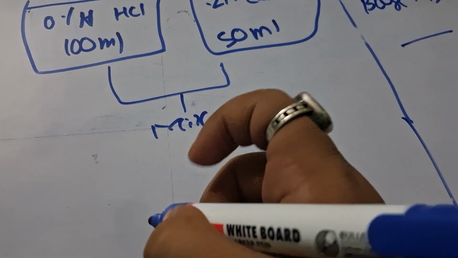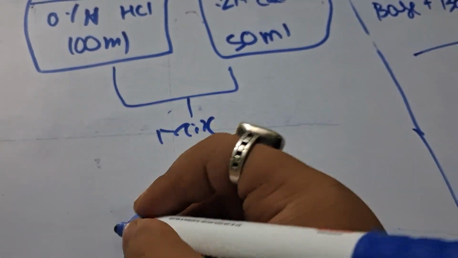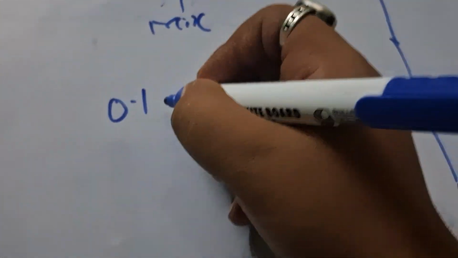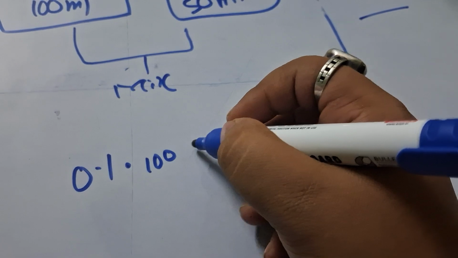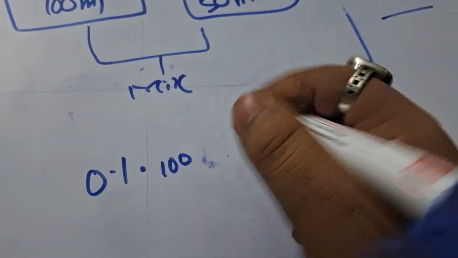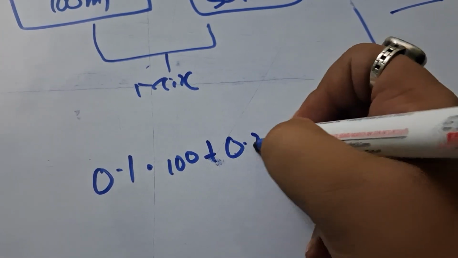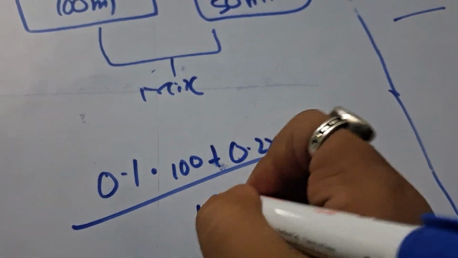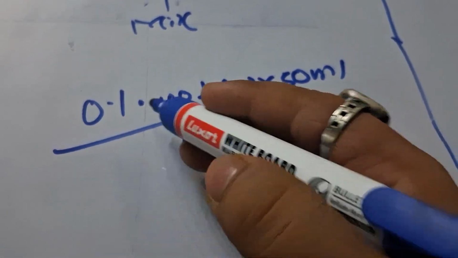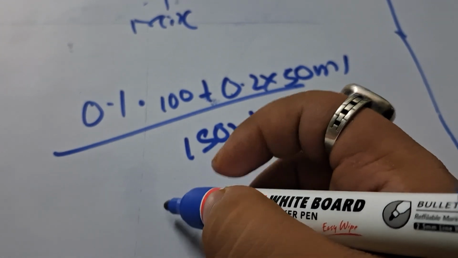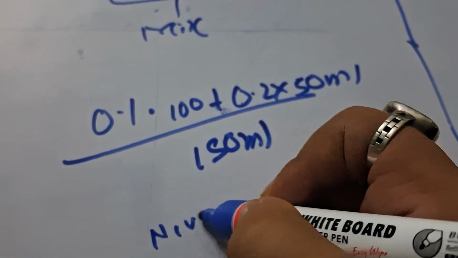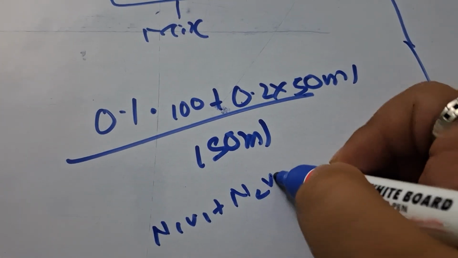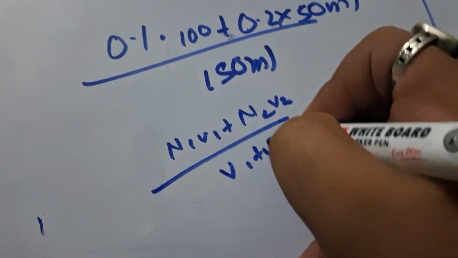Alright, I have given you enough time to do this. This is a simple, formula based question. 0.1 into 100, plus 0.2 into 50 ml, upon 150 ml. This is N1V1 plus N2V2 upon V1 plus V2.